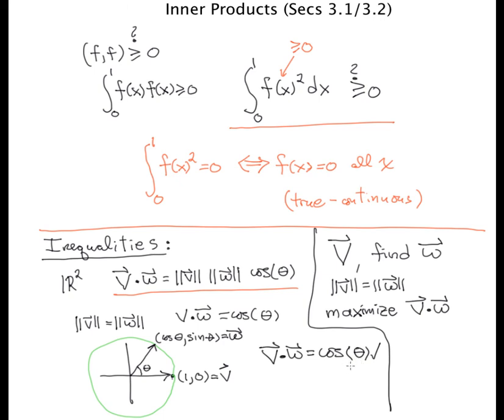And clearly the way to maximize that is to take theta equal to 0, in which case V is equal to W, and the maximum dot product that you can have is the length of V squared.